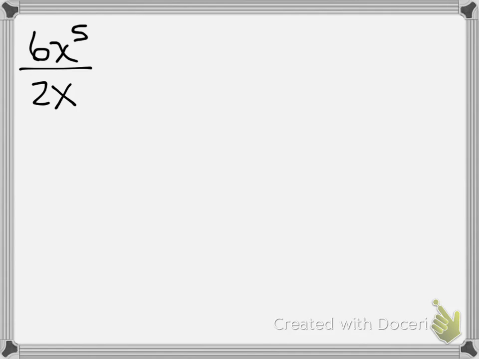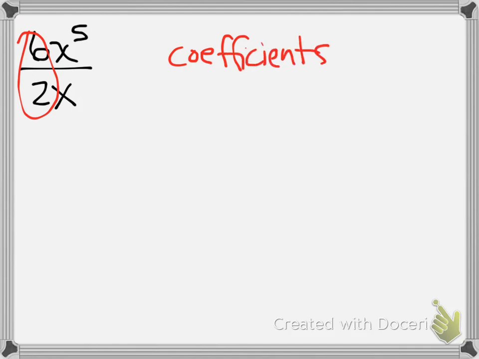Okay. By the way, what do we call the 6 and the 2? They have a special name. They're not bases. They're called coefficients. They're the numbers being multiplied by a variable in a monomial. Okay?